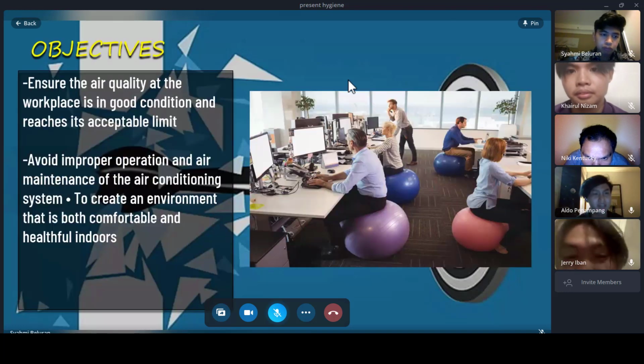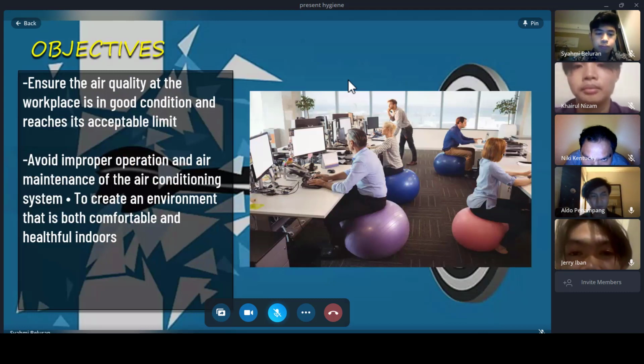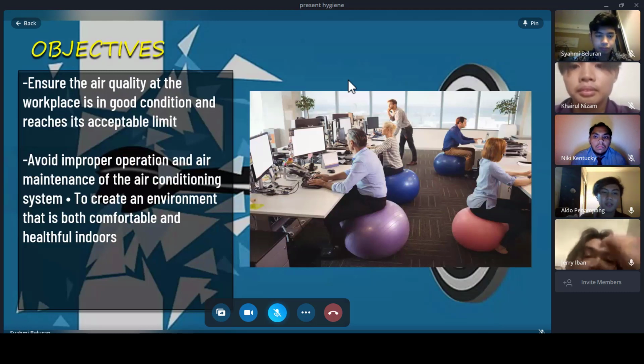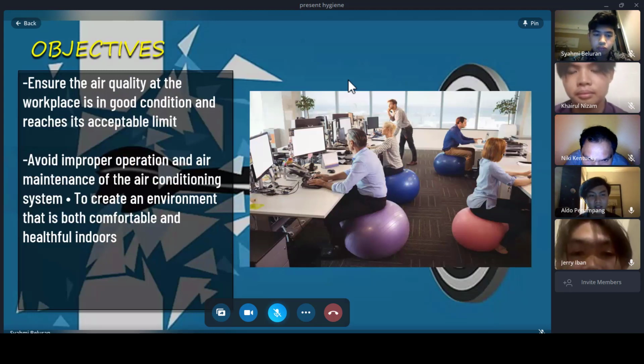The first objective is to ensure the air quality at the workplace is in good condition and reaches its acceptable limit. What does this mean? We need to make sure that the area at the workplace is comfortable so that the staff can feel comfortable.